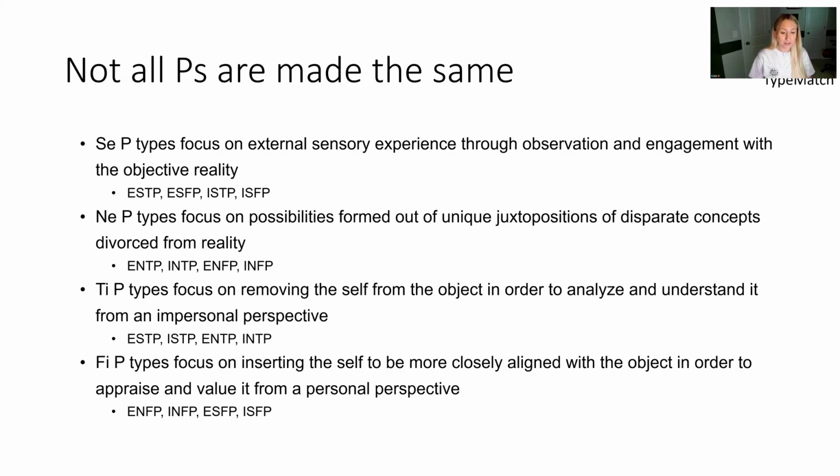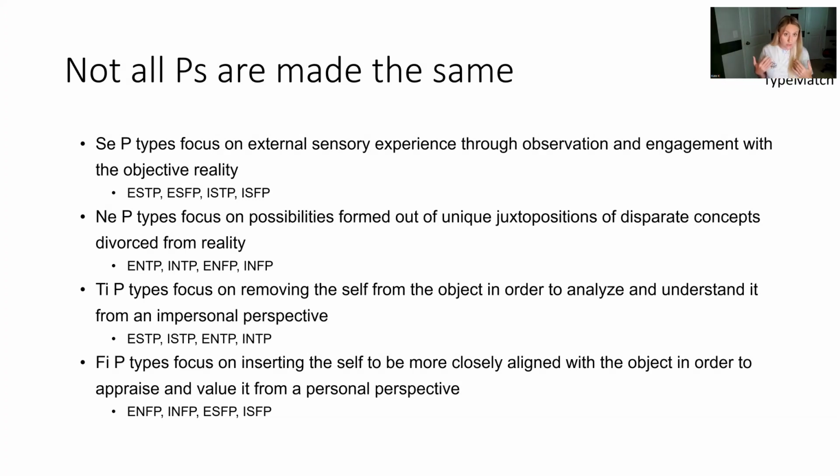TIP types, that's our TP types, focus on removing the self from the object in order to analyze it and understand it from an impersonal perspective, whereas FIP types, that's our FPs, focus on inserting the self to be more closely aligned with the object in order to appraise it and value it from a personal perspective.